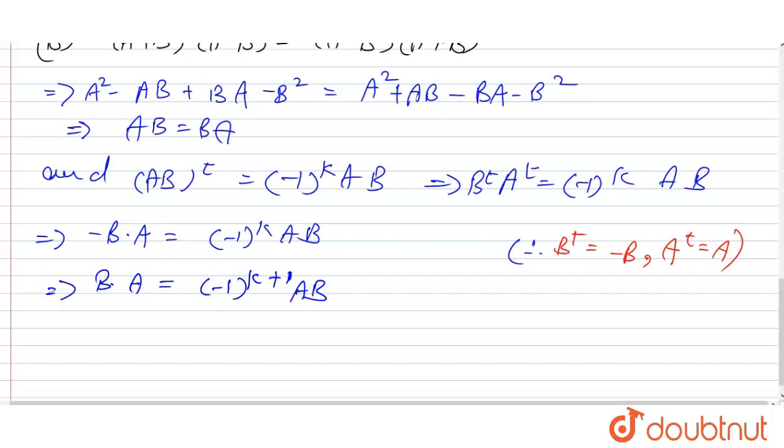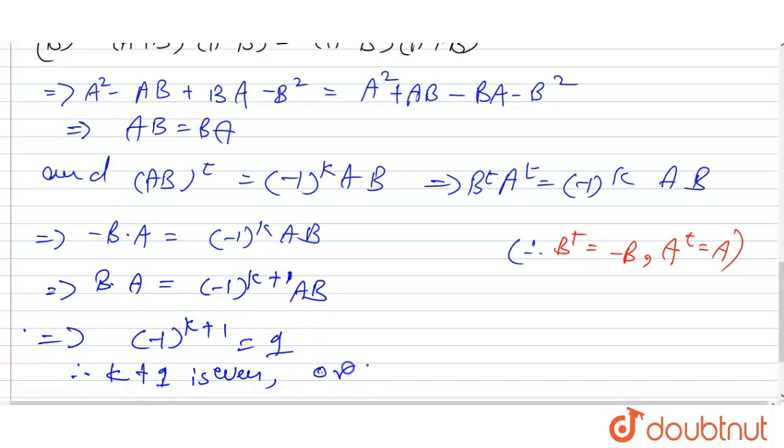And after this we will get (minus 1) to the power k plus 1 equal to 0. Therefore k plus 1 is even, or k is an odd number here.